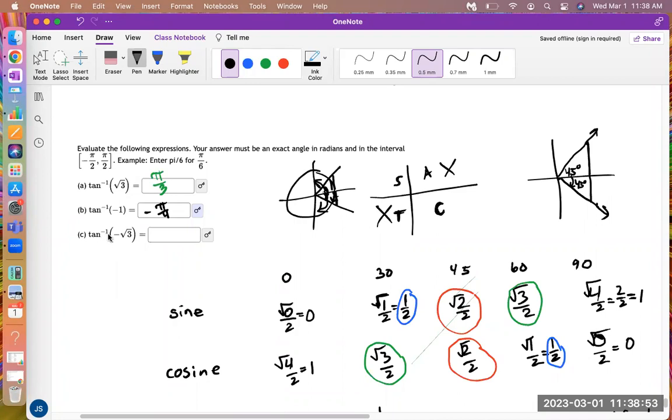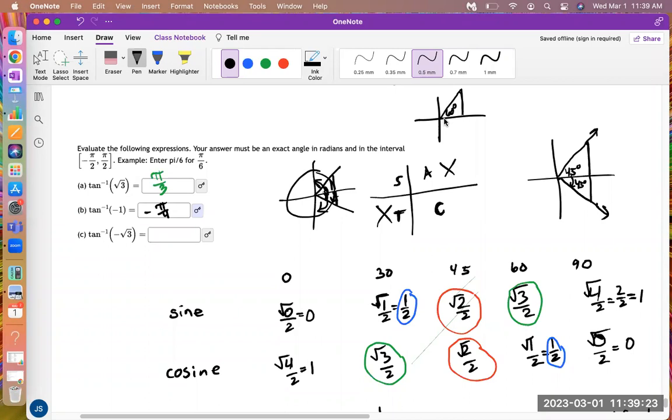And then this one is the same thing. Tangent inverse of negative root 3. Well, let's just find the tangent inverse of positive root 3, which we already said was pi over 3. So we already know that a 60-degree angle in the first quadrant has a tangent, the ratio of the sides, of root 3.